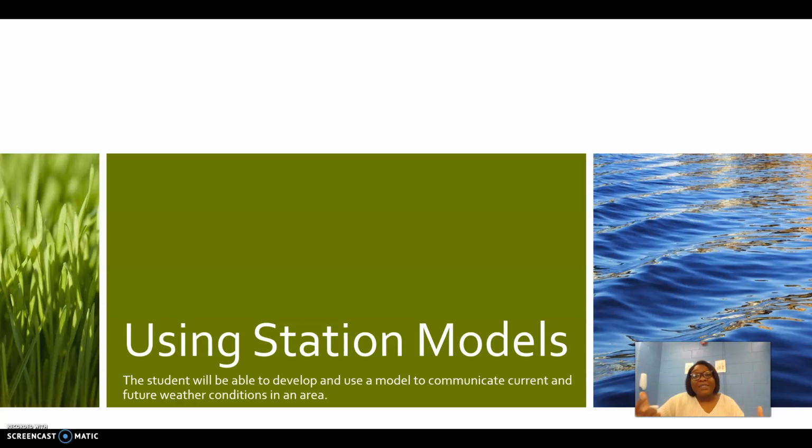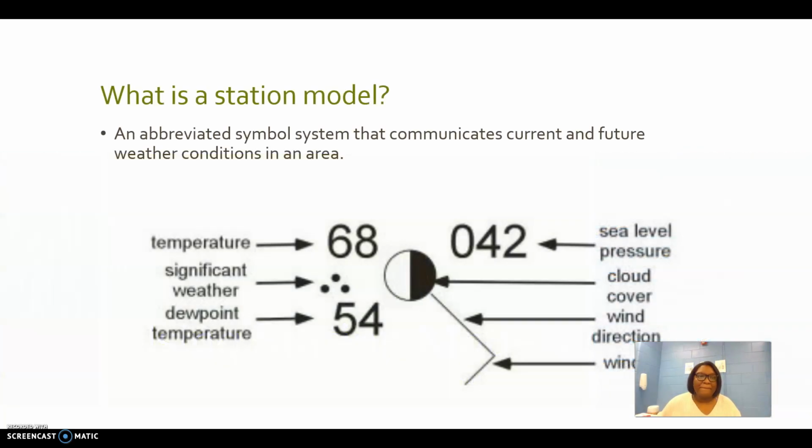At any time, if Miss Neville goes too fast, feel free to rewind and pause so that you can finish any notes that you need to finish. So in our notes, let's write down: what is a station model?